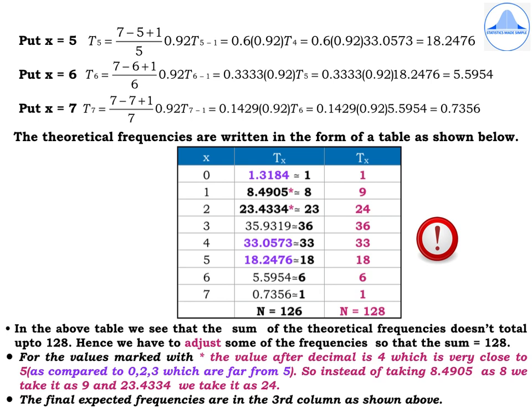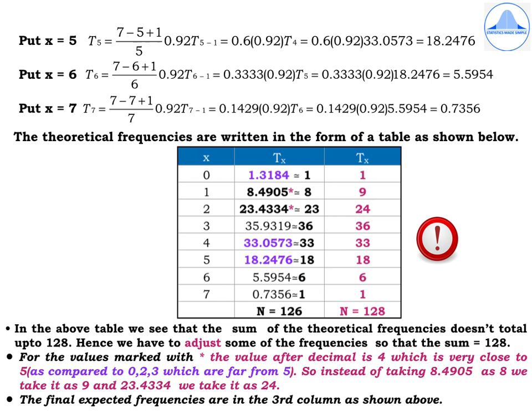Now observe the values in the second column in the table which I have marked with a pink star. 8.4905, we have retained it as 8. And 23.4334 also we have retained it as 23.